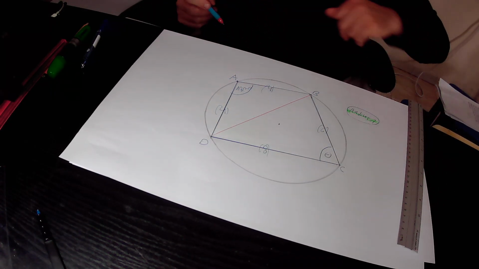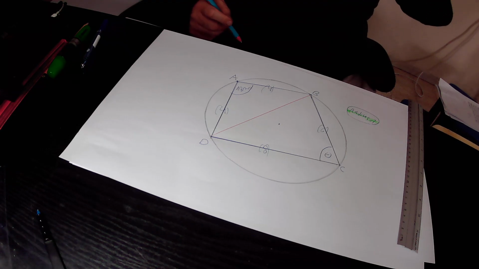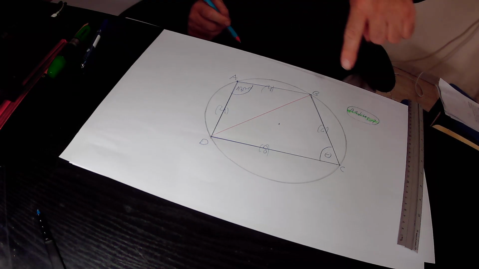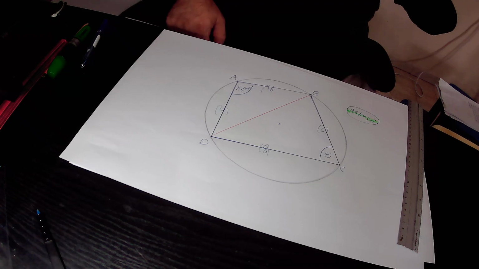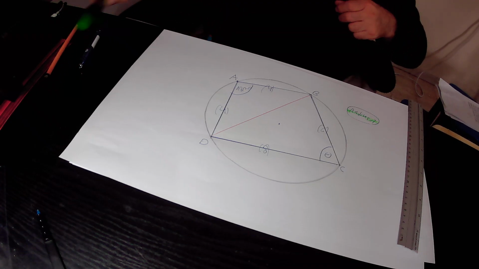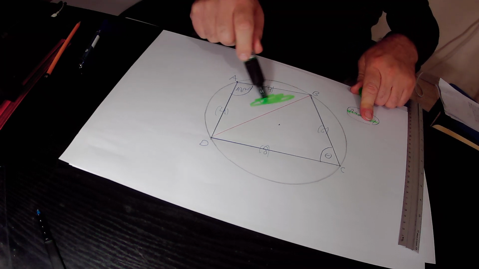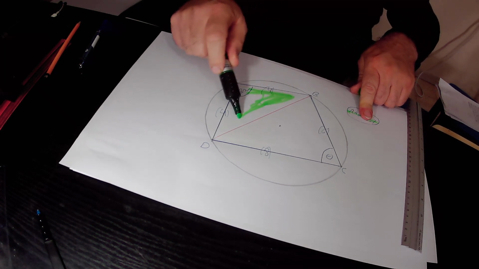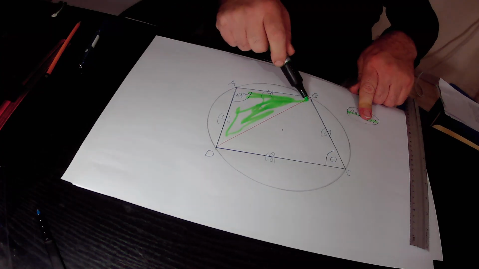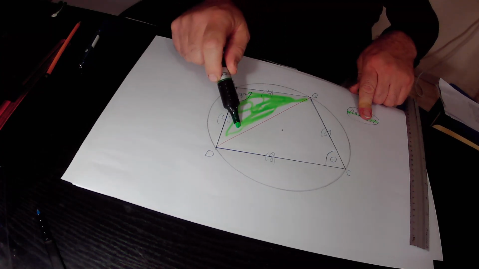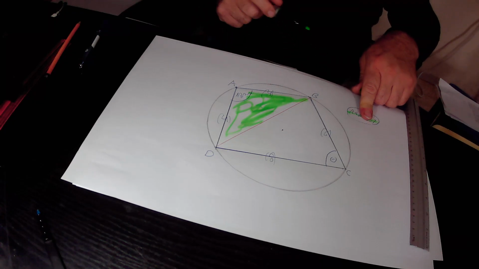By joining points B and D, we divide quadrilateral ABCD into two triangles. We have the upper green triangle ABD. The second part is triangle BCD.